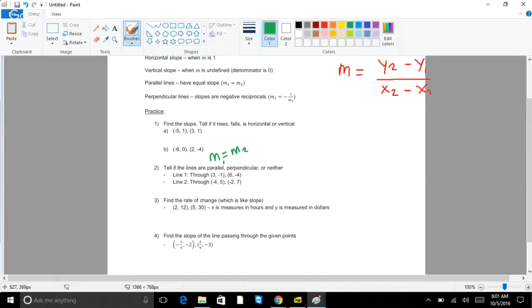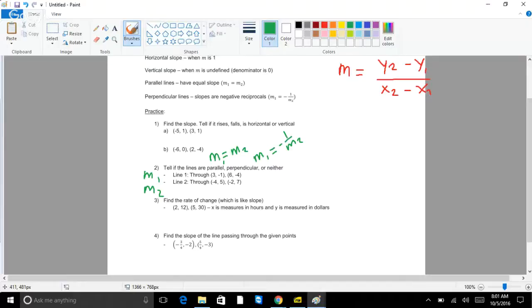Lines are perpendicular if the slope of the first line is the negative reciprocal of the second line. So we're going to see, is the slope of line 1, we'll call that m sub 1, and the slope of line 2, m sub 2, are they the same? Are they negative reciprocals of each other, or are they just totally unrelated?